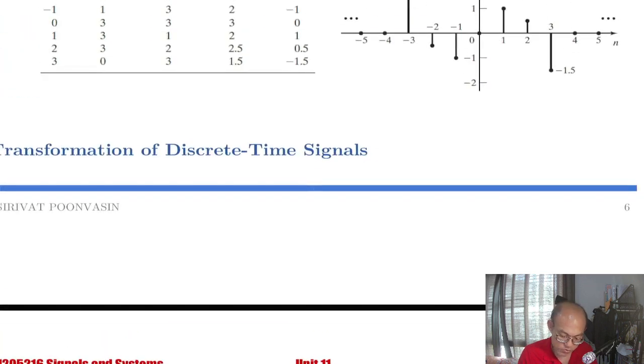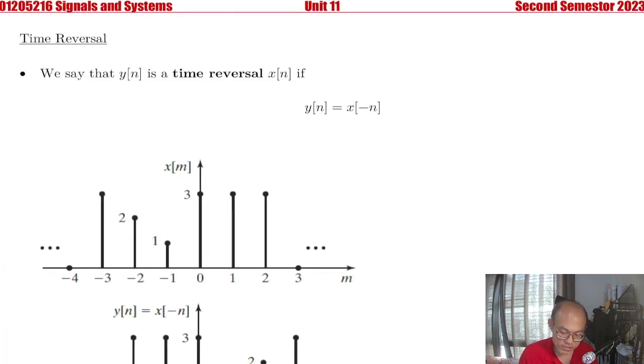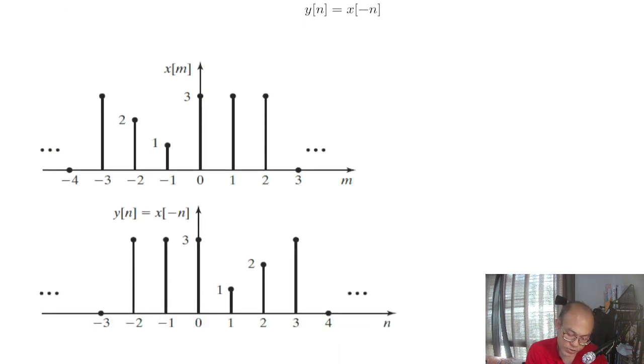Now the time transformations. The first transformation is time reversal. We say that y is a time reversal of x if y of n is equal to x of minus n. Basically, what you do when you're doing a time reversal is that you flip it horizontally, from the left to the right and right to the left.